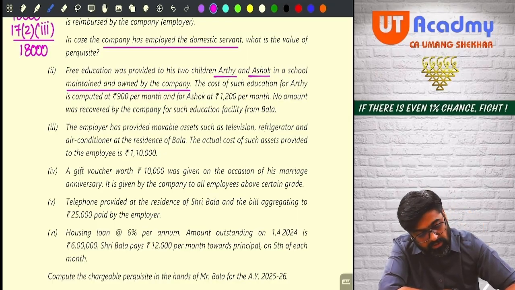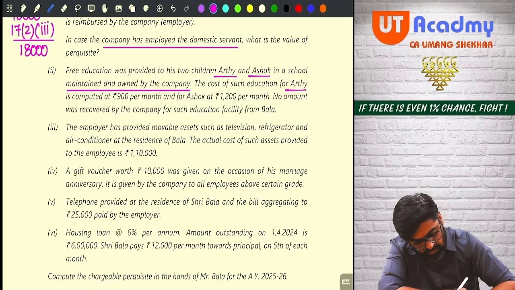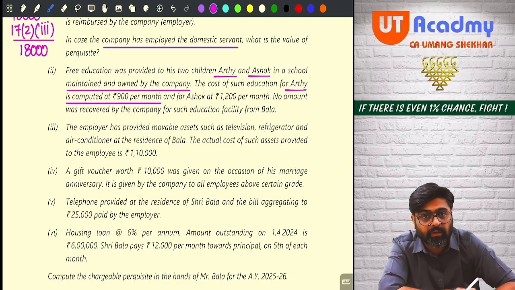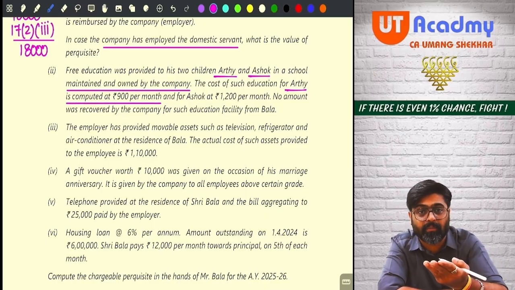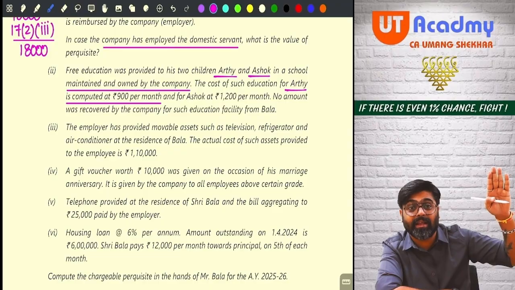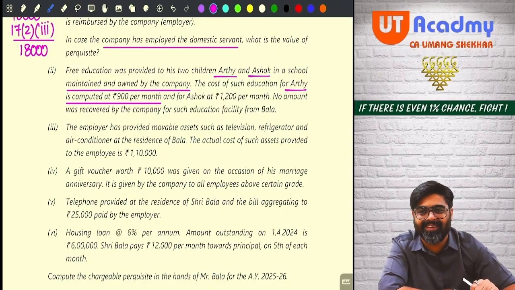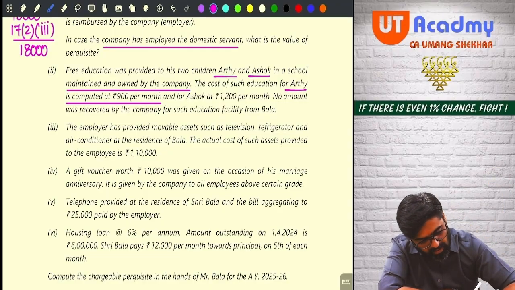Come. The cost of such education for Aarti is computed at 900 per month. Wait, this is not the amount actually spent by the employer. This is the computed amount, meaning they are telling the reasonable cost only. And for Ashok, it is 1,200 per month.